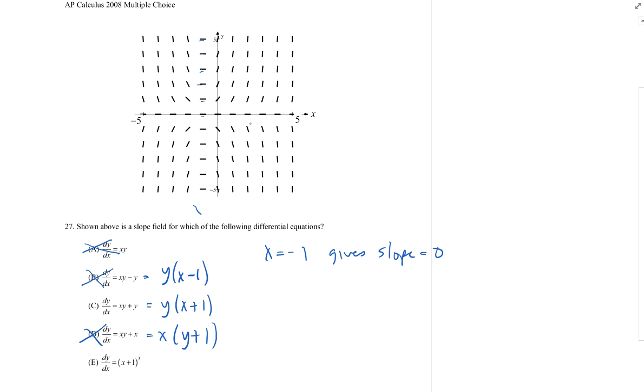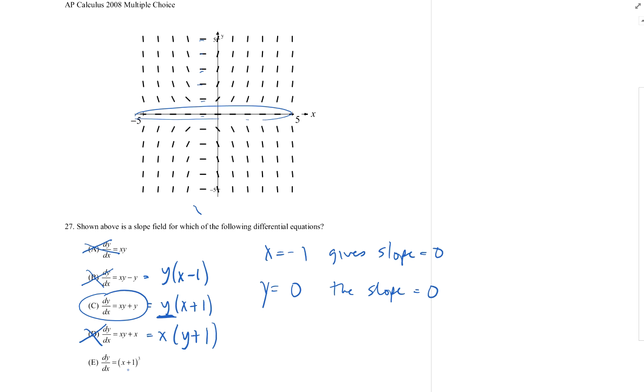Well, now look at this one. When y equals 0, the slope equals 0, right? Right across here. So which one of these, if y is 0? Well, this one's certainly here. If y is 0, the product is 0.